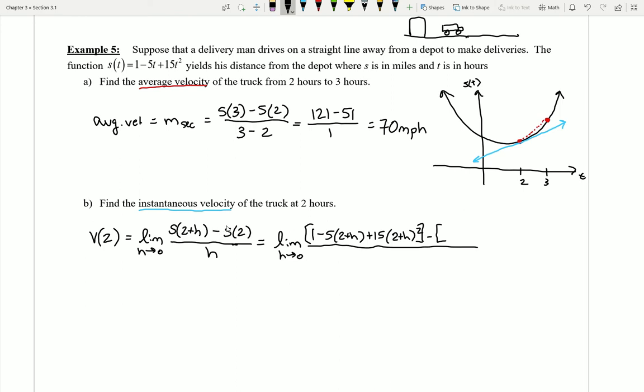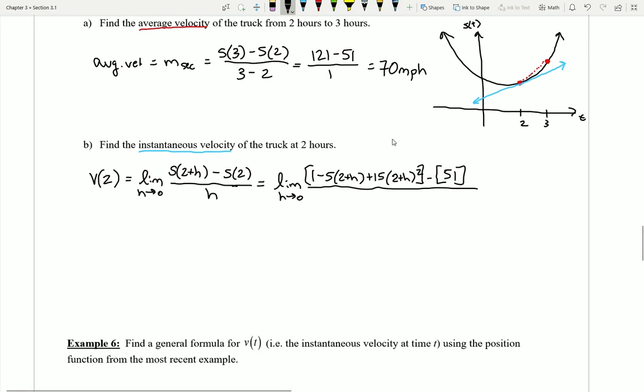I want to make sure I'm subtracting everything from s with a 2 plugged in. Oh, wait a minute. Didn't we already do s with the 2 plugged in up here? That's just going to be 51. Okay, no big deal.